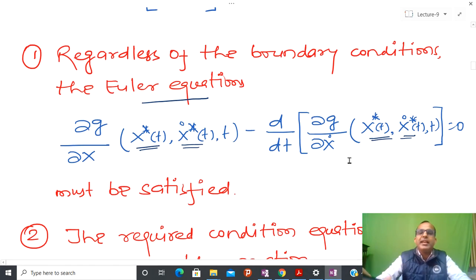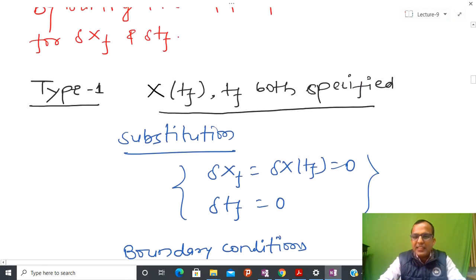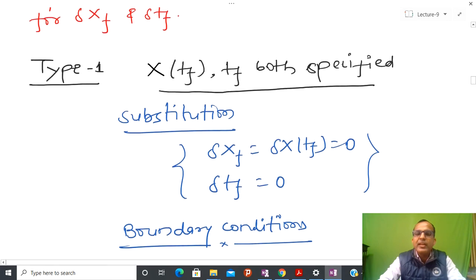I have x(t0) and x(tf), and in this way I am able to give a necessary condition for when both endpoints are well specified, meaning time is known and state is known.